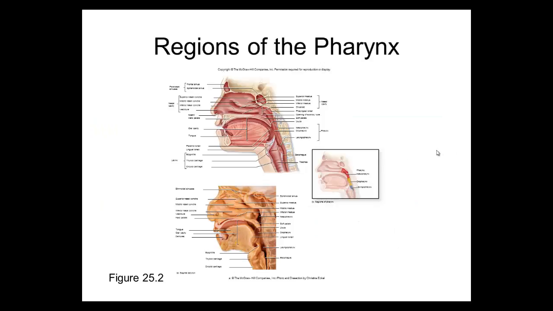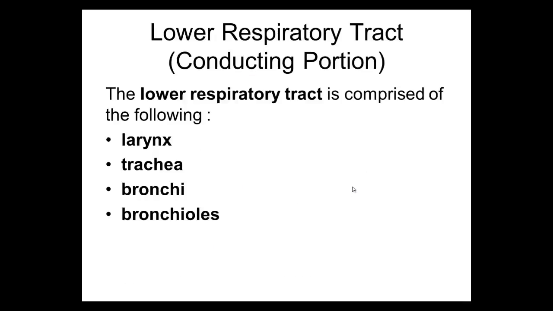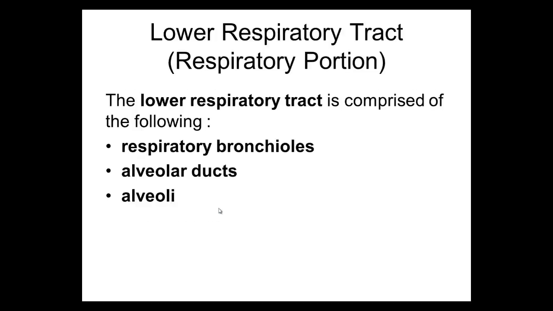Okay, so we did talk about the three regions, the nasopharynx, the oropharynx, and the laryngopharynx, and then we go from there. You remember the line for the lower respiratory tract starts with the larynx. So this is the first thing we will talk about, the larynx, then the trachea, the bronchi, and the bronchioles.